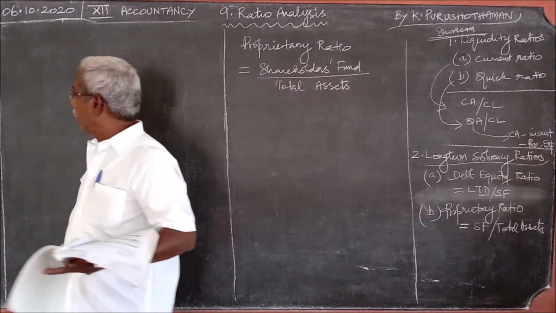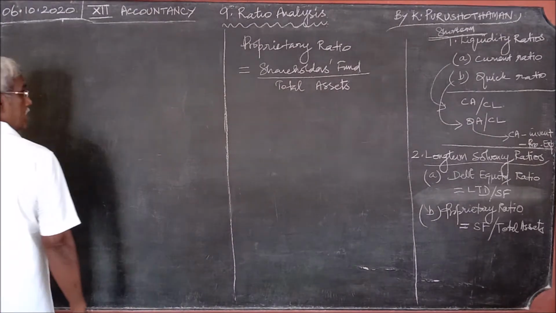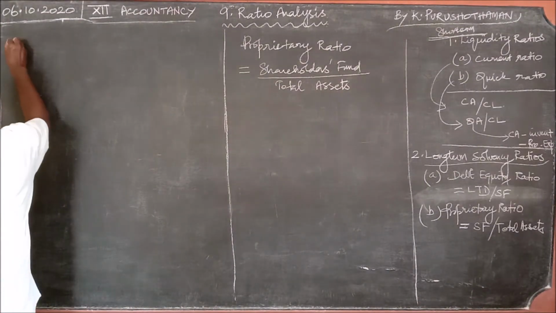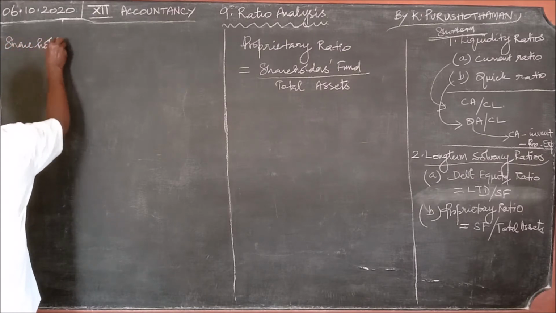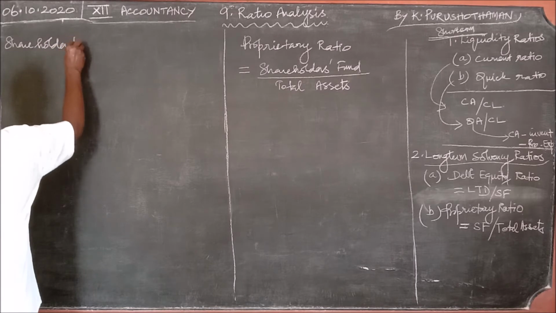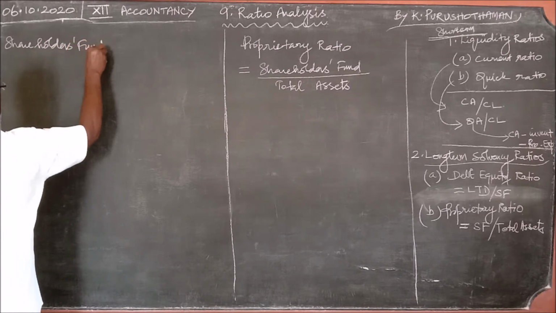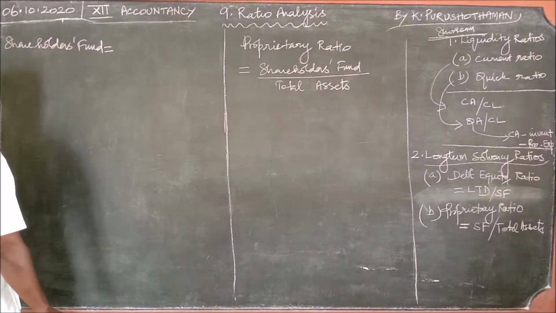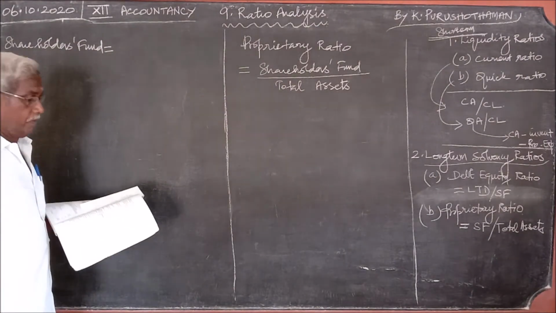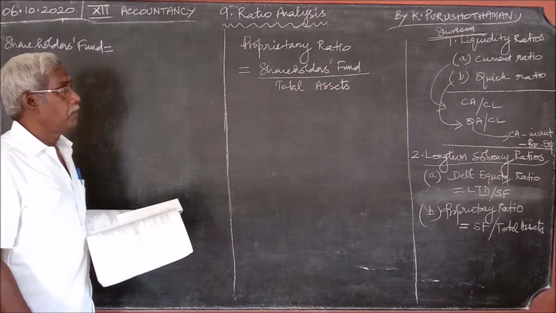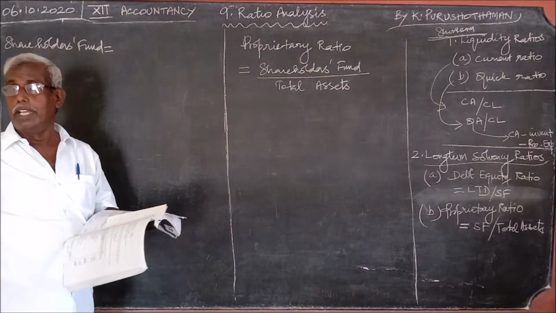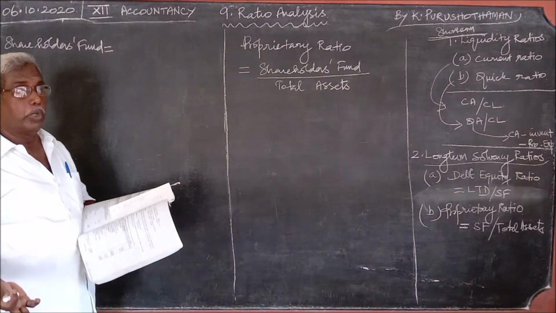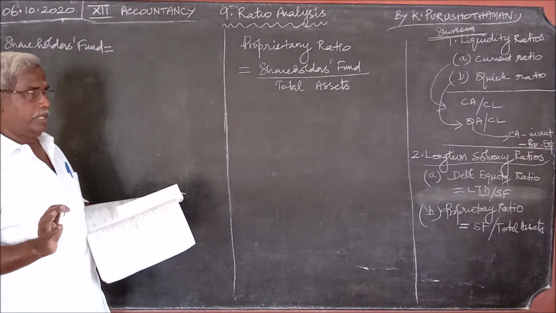So as such, what we must do, first, let us find the numerator, shareholders fund. Don't change the order. Sometimes even in the book, the denominator value will be found out first and the numerator value will be found out next. Don't do it.